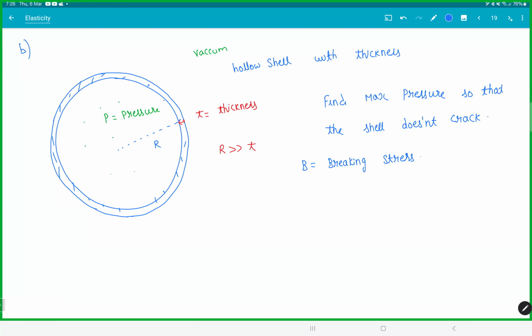How do we approach this? Let's see. So just to give an idea, how do we start? Can you draw the FBD of the half shell?